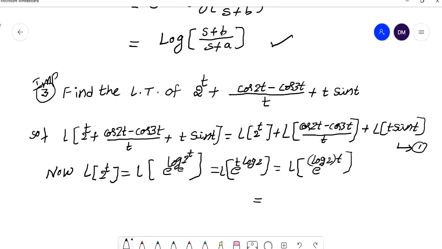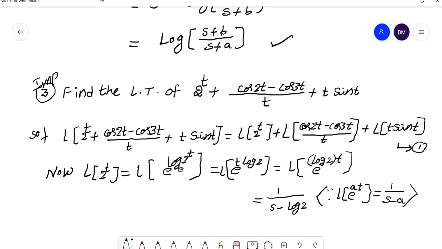Now it is in the form of the Laplace transform of e power at. What is the Laplace transform of e power at? It is 1 by s minus a, where a means log 2. By using the formula L of e power at equals 1 by s minus a, I have written the Laplace transform of e power log 2 into t.